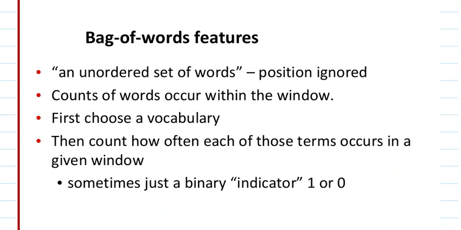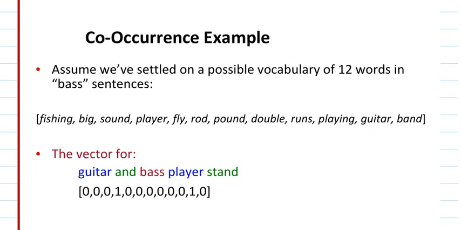So bag of words, again we all know what is bag of words. We have a set of words in which we don't have any kind of order. So we will just fix a window size and then see what are the words that are present. So in this sentence with guitar and bass player, the bass is the target word, right?